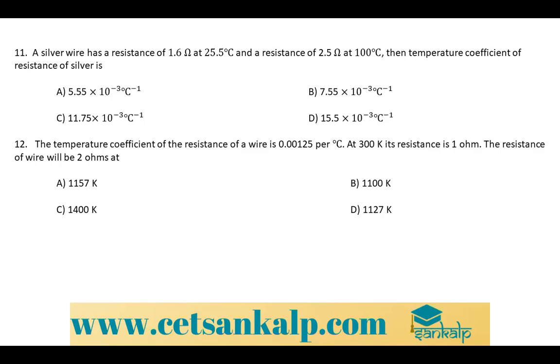Here you have the formula. You have the formula to understand this. Okay. So alpha is equal to R2 minus R1 divided by R1 into T2 minus T1.